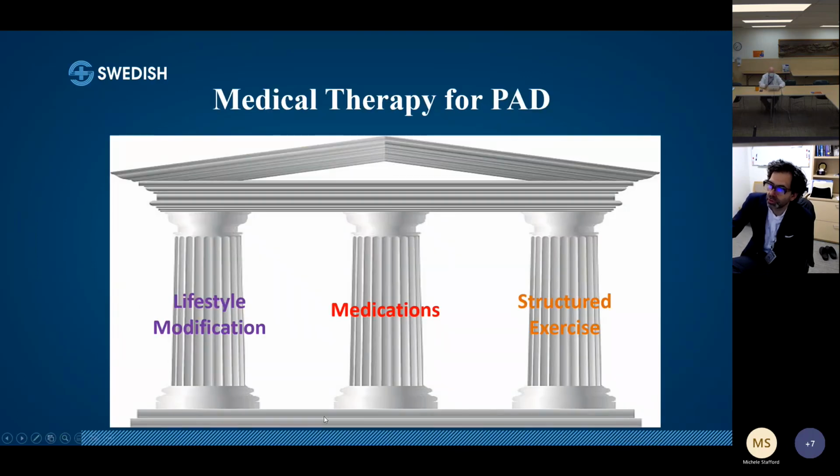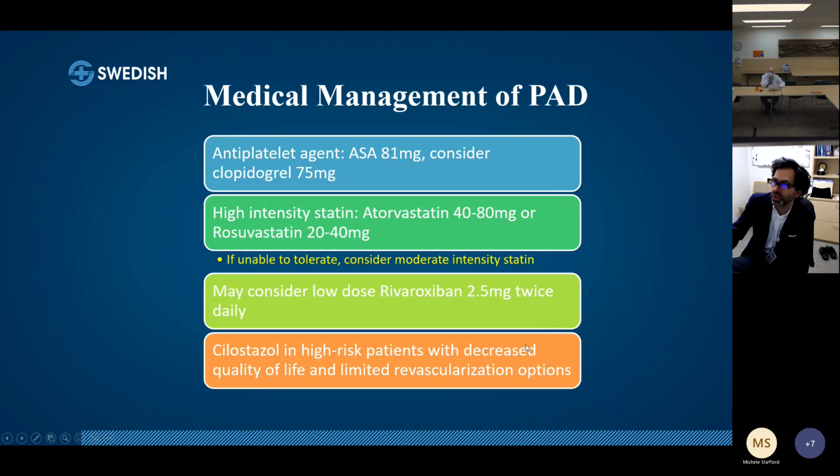So medical therapy for peripheral arterial disease, really 3 components: lifestyle modification, with good blood glucose control, smoking cessation, and a healthy diet as the cornerstones there; medications, we'll talk about that for a couple seconds; and then a structured exercise program. So medical management, as put forth by the American Heart Association: antiplatelet agents, aspirin or clopidogrel, and these are really cardioprotective effects.